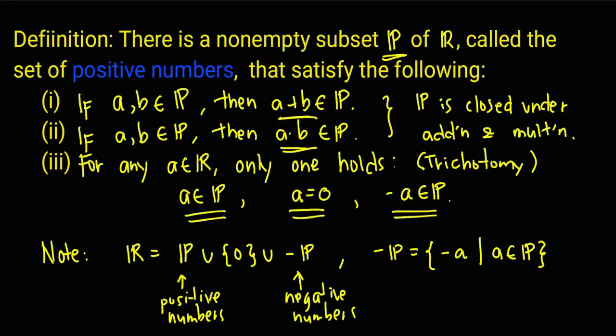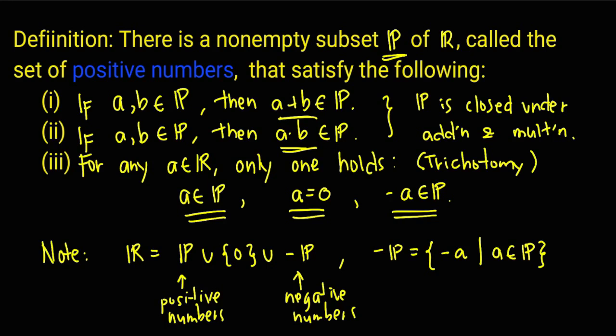So that's what this set is saying. So you have three properties of this set. It is closed under addition, it is closed under multiplication, and it follows the trichotomy property. For any real number, only one holds. Either A is positive, A is 0, or the negative of A is the one which is positive.